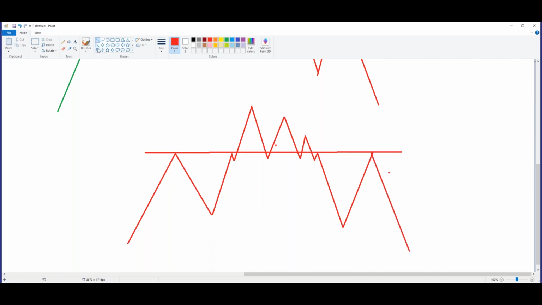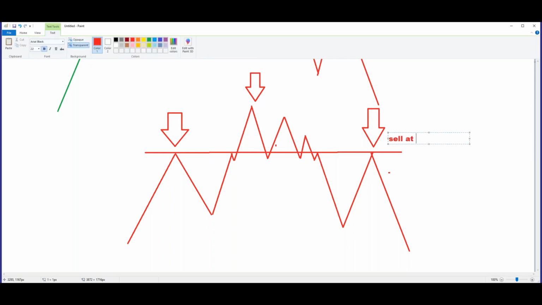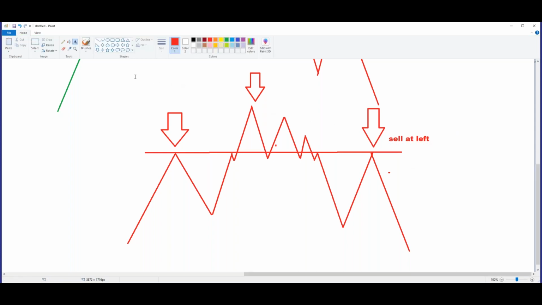We have a left shoulder, then a head, and then a right shoulder. We are going to enter sell at the right shoulder, but exactly where we want to sell is where the king sell is. We mark the king sell zone, and this is exactly where we want to sell. So far so good.